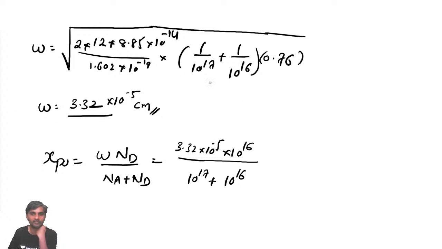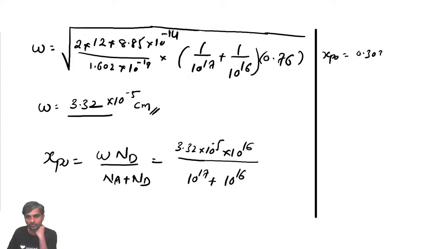So once you get this, XP naught is going to be, I'll write the XP naught value, you get 0.303 into 10 to the power of minus 5 centimeters. Then now you calculate Q by A.